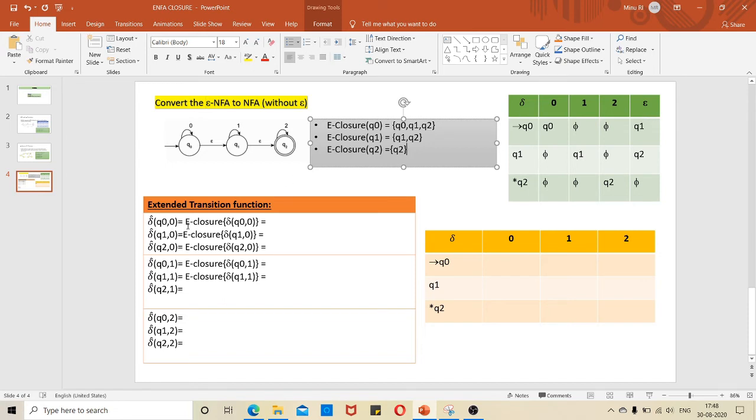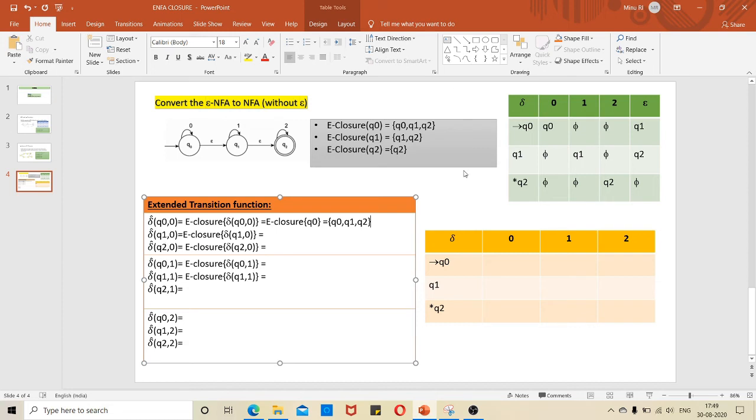So we write epsilon closure of delta Q0 comma 0, which is equivalent to epsilon closure of Q0, since delta Q0 comma 0 is Q0. If the input is 0, it's going to Q0. Epsilon closure of Q0 is Q0, Q1 and Q2. So Q0, comma Q1, comma Q2.